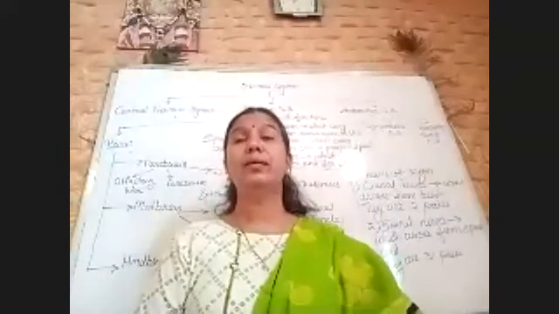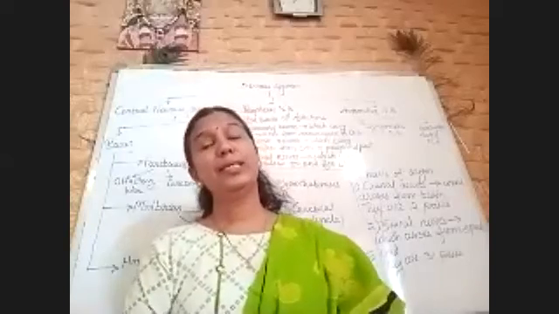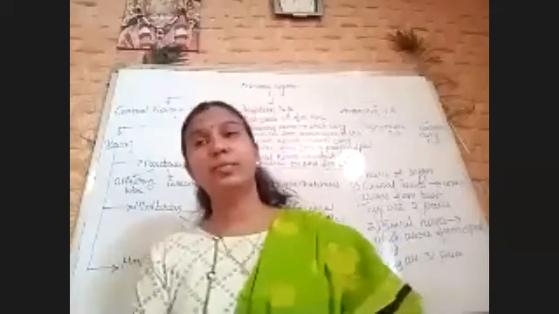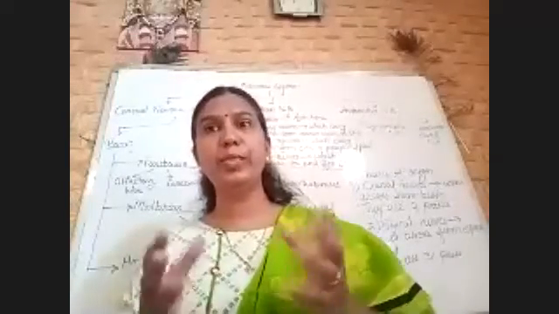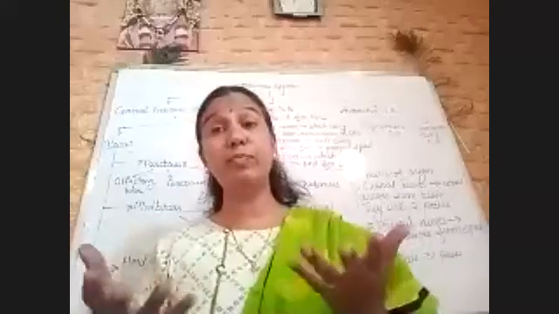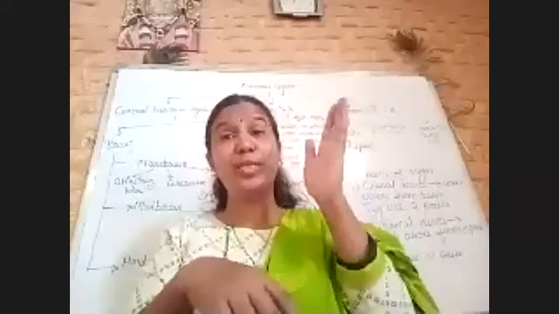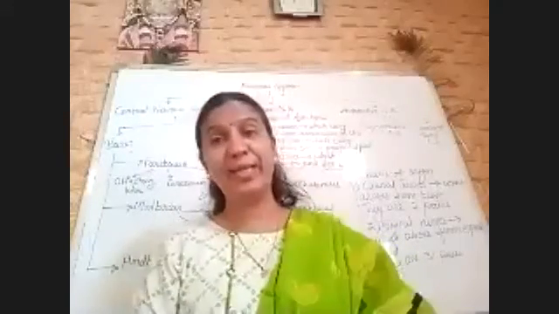So when we have some emergency condition, at that time the sympathetic nervous system will do the function. For example, if we see something frightening, our pupils dilate, dilatation of pupils, or our hairs straighten, straightening or erection of hairs we can say.